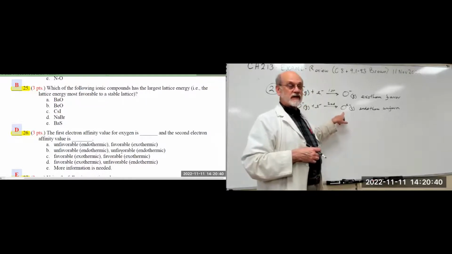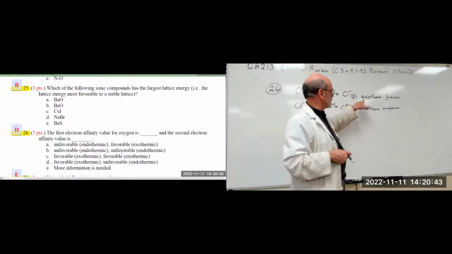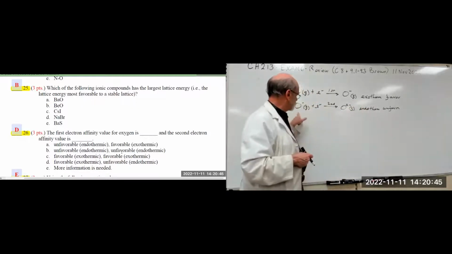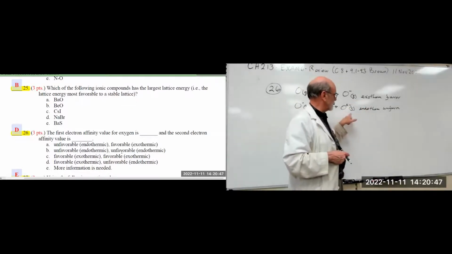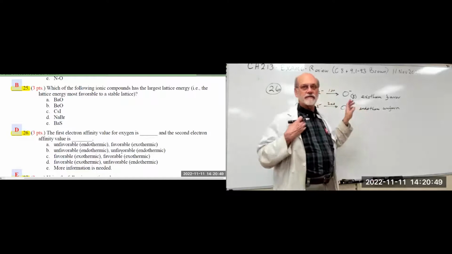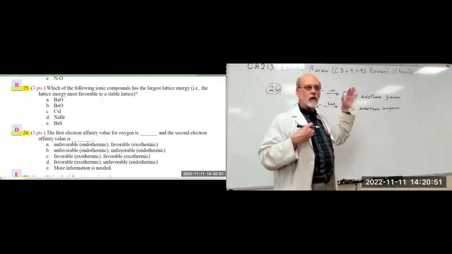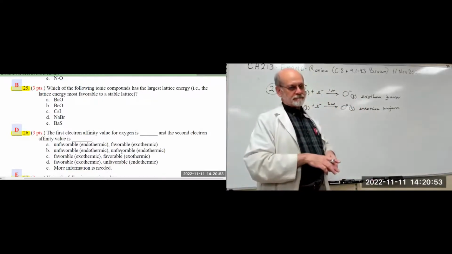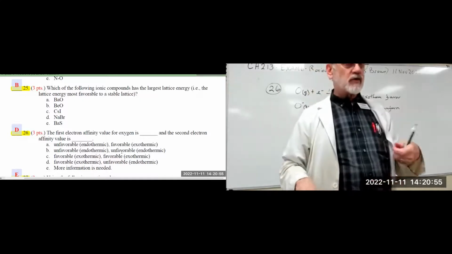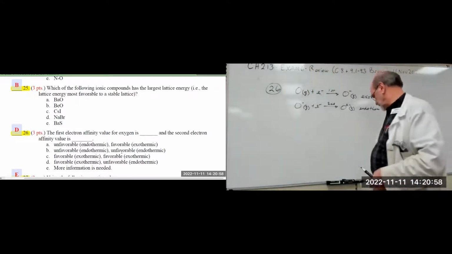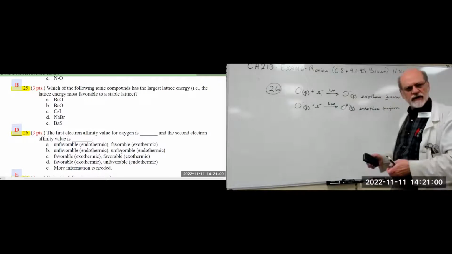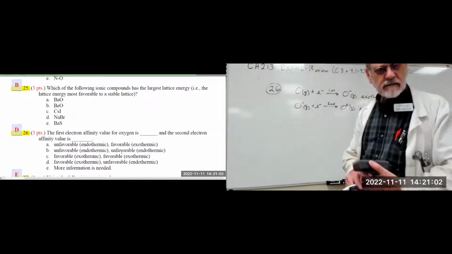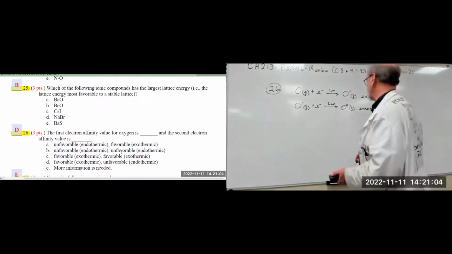My explanation is you get so much energy back here that some of it can be used to drive the electron here. So it's the balance. It's not each step, but it's overall the balance that favors 2- charge on oxygen. Okay, so that's D, favorable, unfavorable.